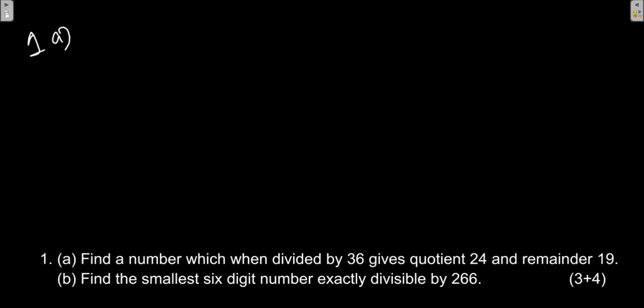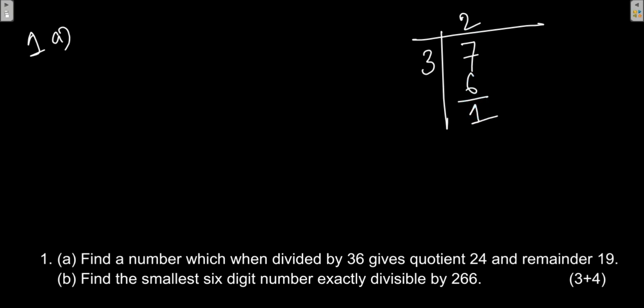So in 1A, there is a question that is written: find a number which when divided by 36 gives quotient 24 and remainder 19. Now I want to show you one thing with the division. Suppose we are dividing 7 by 3. Definitely 3 twos are 6 and 1 will be the remainder.